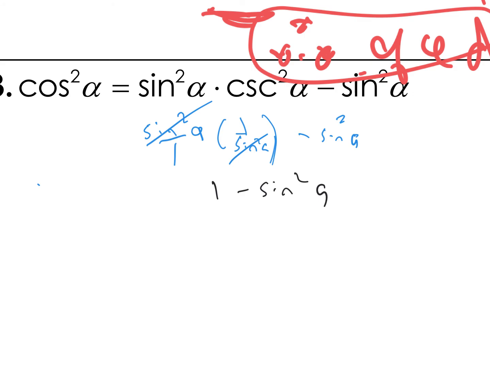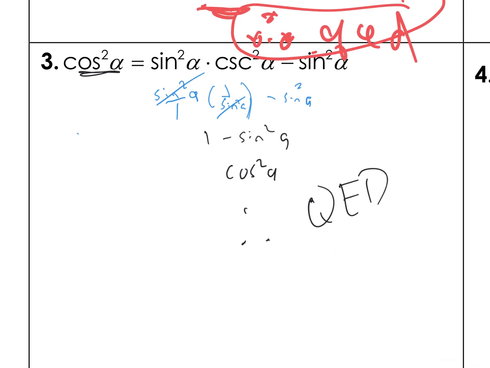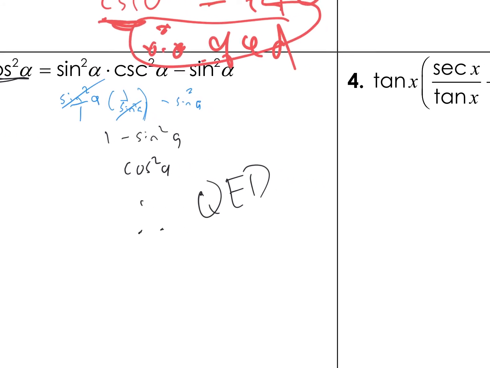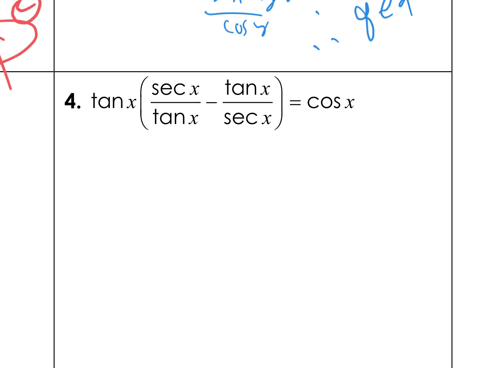What's another name for 1 minus sine squared A? Cosine squared A. There it is. QED. I proved it. I demonstrated it. I'm the king, or the queen, or the prince, if you want to be a prince, or a princess.